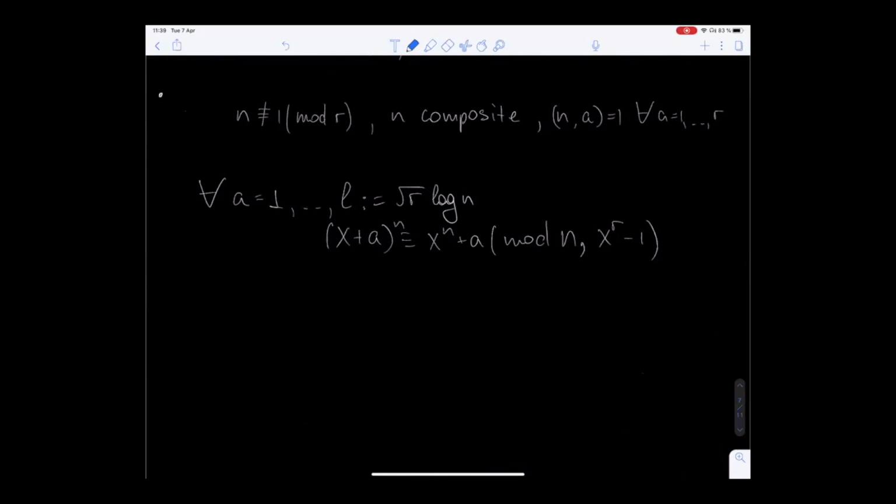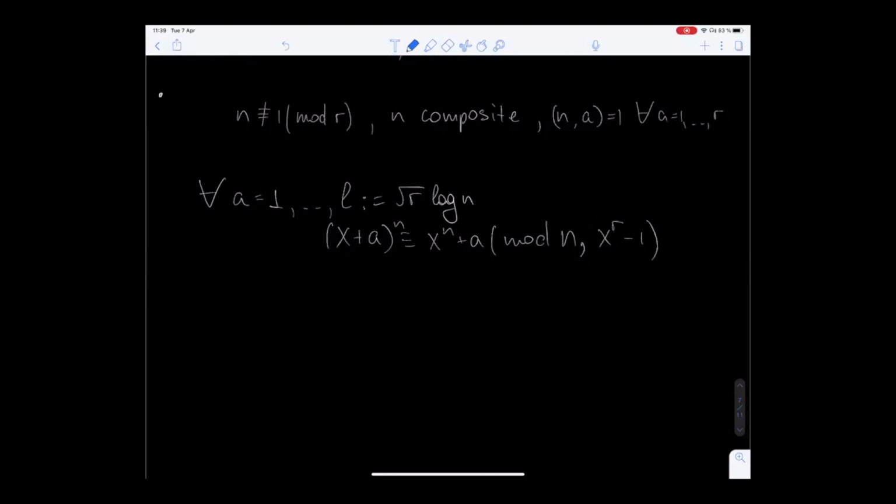First we have n that is not 1 modulo r, because we agreed that n has large order, and in particular its order is not 1, so it's not congruent to 1 modulo r. n is composite, but relatively prime to all numbers at most r.